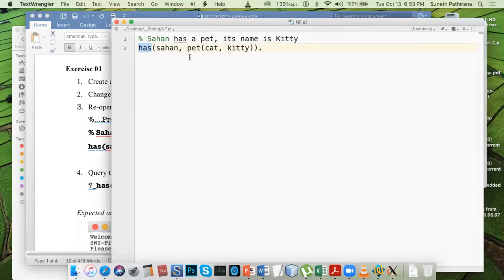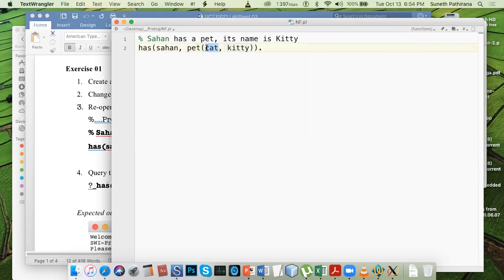User-defined fact. So the parameters are Sahan, comma, this whole thing. Assume there is something else, a single term. Instead of defining a single term, of course you can say Sahan has Kitty or something, but this is more meaningful. Sahan got a pet.